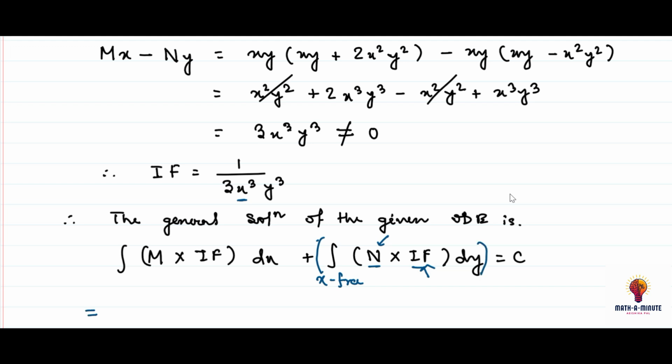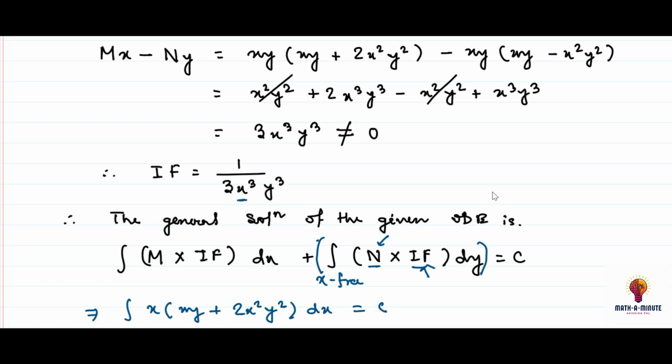So we just have to integrate the first part. Our function M is x into (xy + 2x²y²) dx equals c.